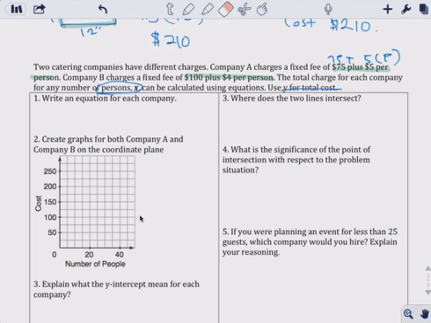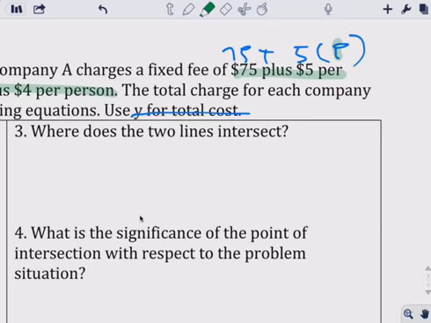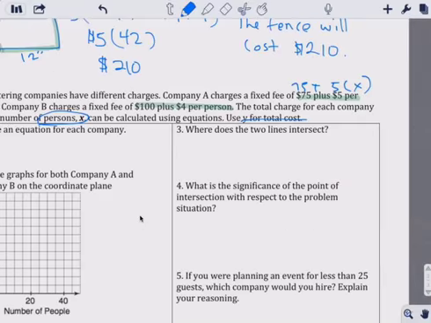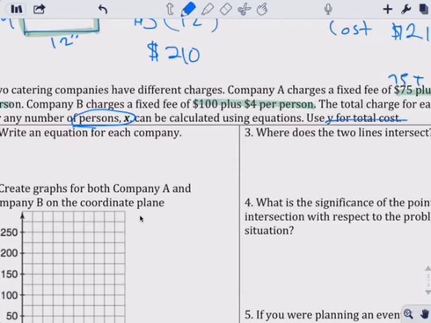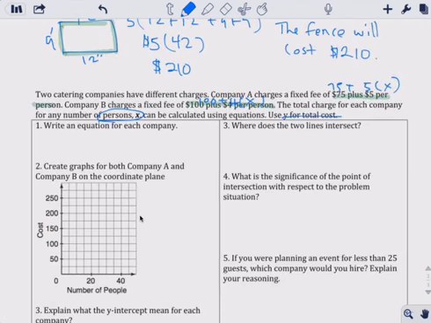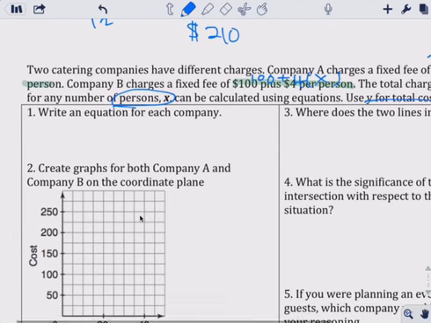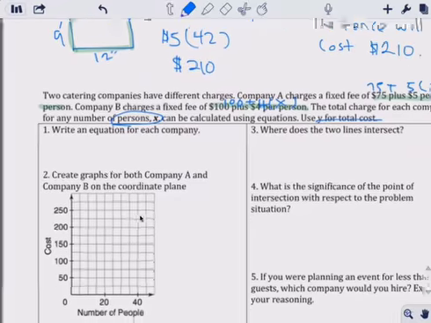Hey, not P for person. We need to erase that P and put an X for person. Write an equation for each company.